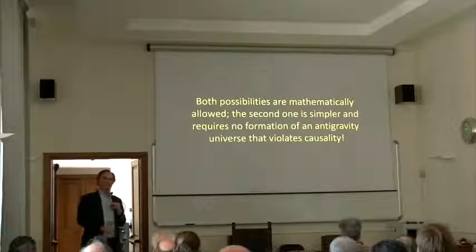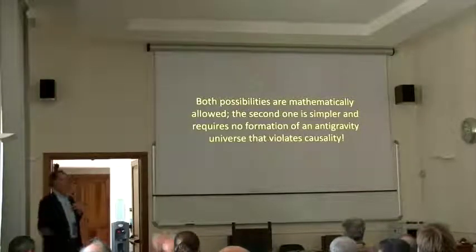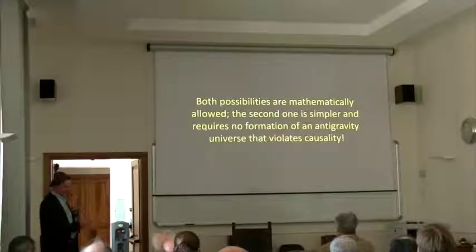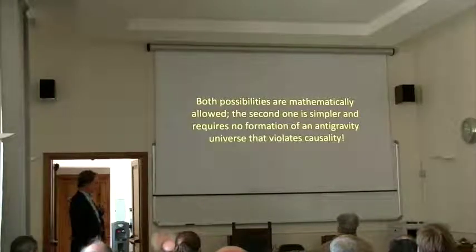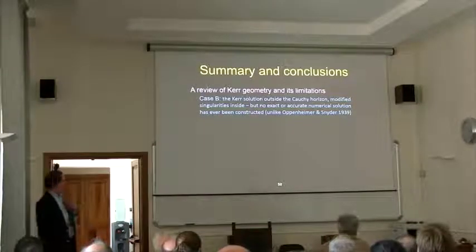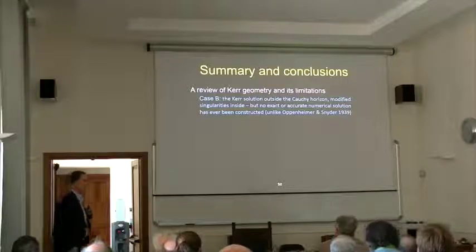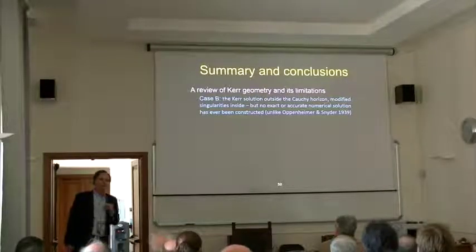However, that doesn't change the conclusion that this still should not describe a physical black hole because of the other physics that I mentioned of the streaming of fields across the horizons. So to summarize and give conclusions, the Kerr geometry, certainly the full Kerr geometry, cannot describe black holes.